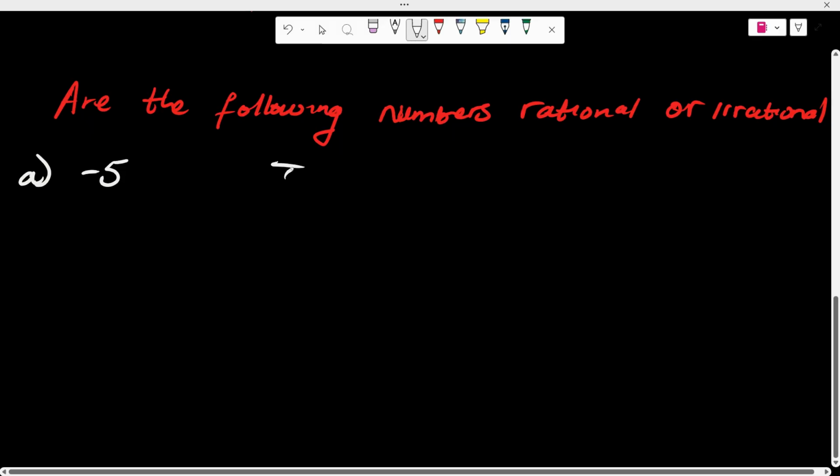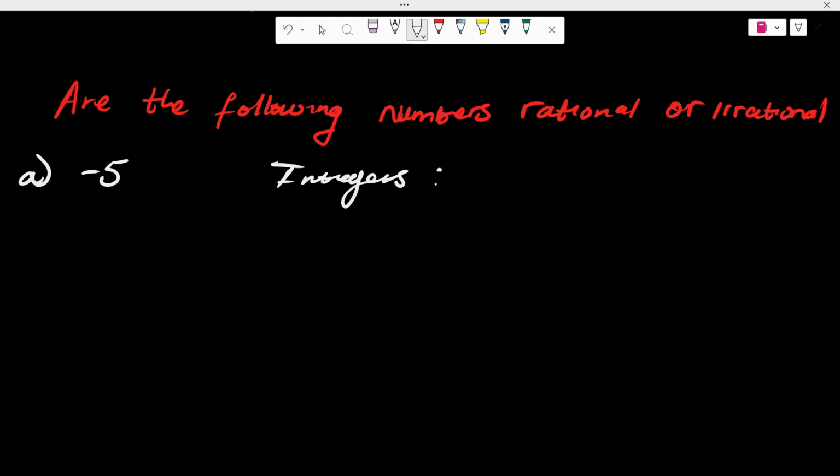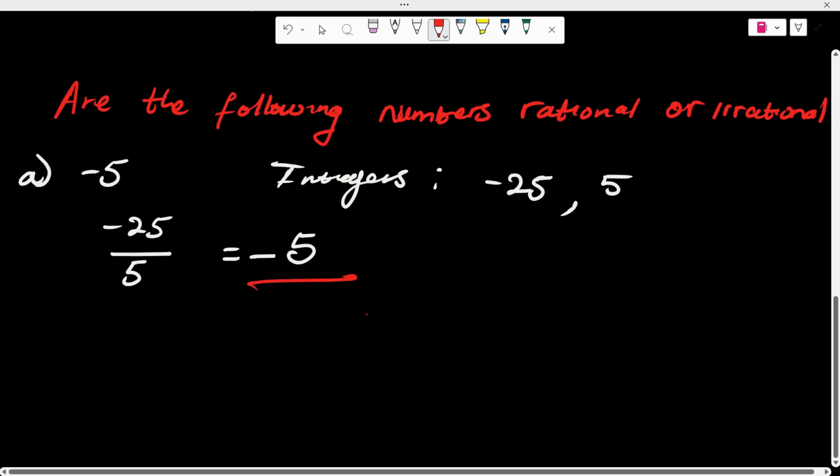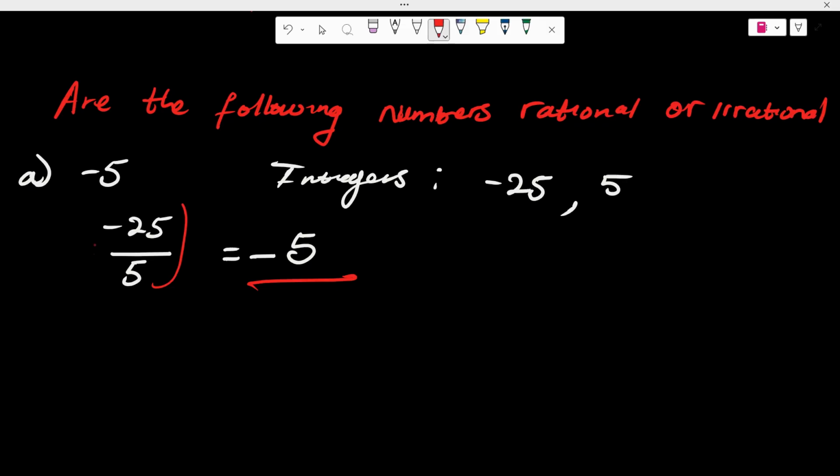The integers will be -25 and 5. If we divide -25 by 5, we will get negative 5. Then yes, this number is a rational number because it can be expressed as a fraction.